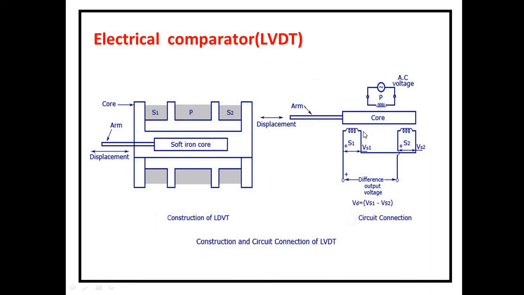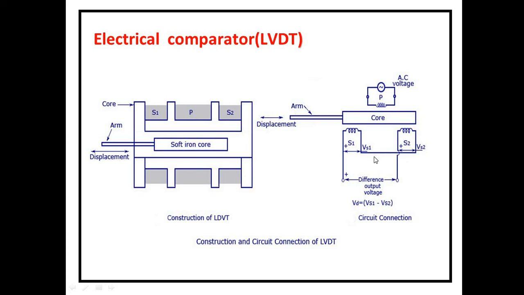Because the armature has moved more towards S1 and away from S2. So here the voltage induced Vs1 is greater than Vs2. So the net output voltage is Vs1 minus Vs2 at the output terminal, isn't it? So that difference is going to be there.